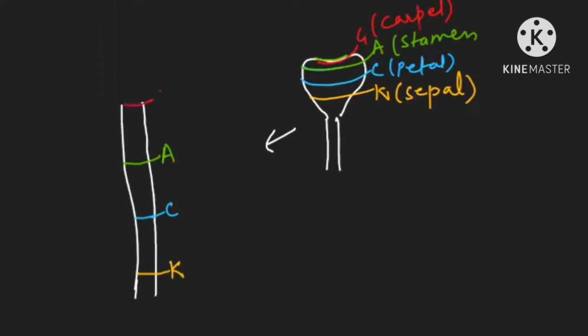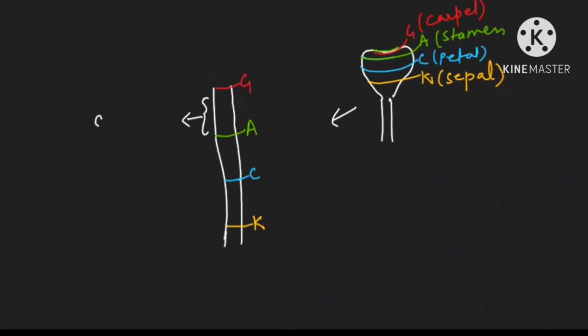Is it clear? And the internode area, the stalk between these, is known as gynophore because it is bearing the gynoecium. And this internode is bearing the androecium, so it is known as androphore.